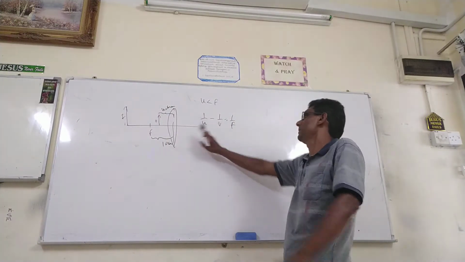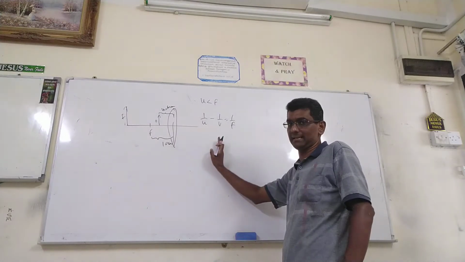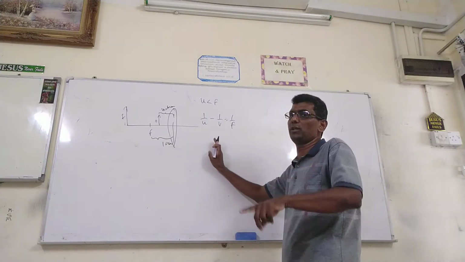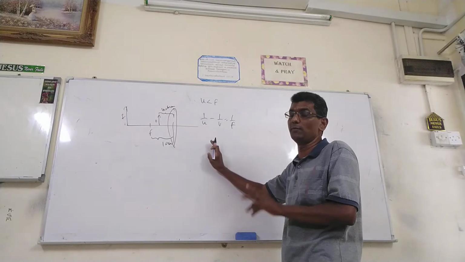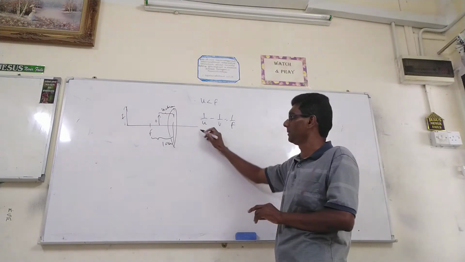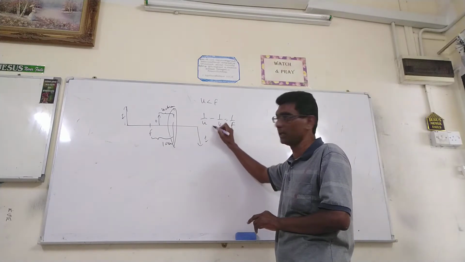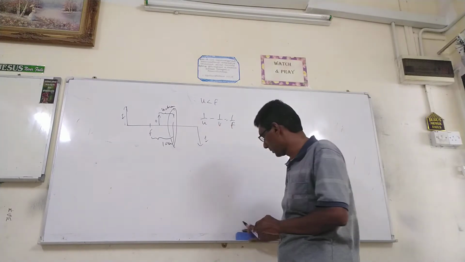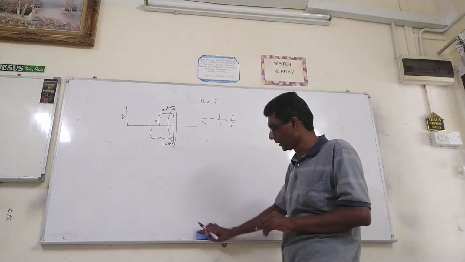Plus means the image is on the other side of the lens, behind the lens, inverted: 1 over u plus 1 over v equals 1 over f. This one is the plus formula, and this one is the minus formula.